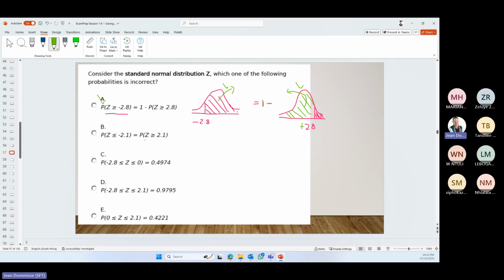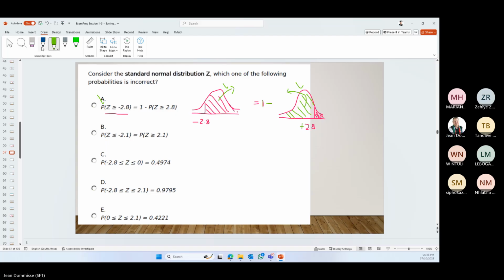So we can go to the Z table. We can look at the value of minus 2.8, or work out the value of 1 minus the probability of 2.8. But we can sketch it out as well. So again, we want to sketch out the next one.